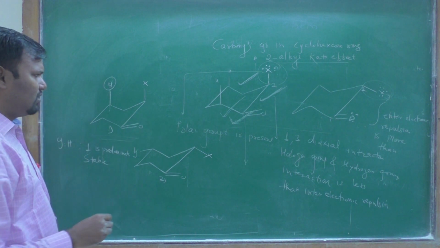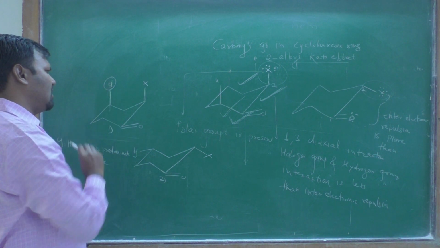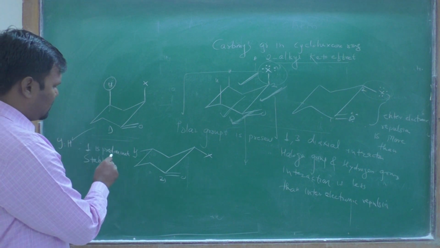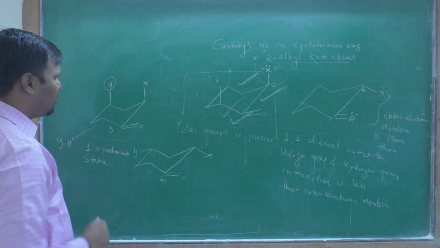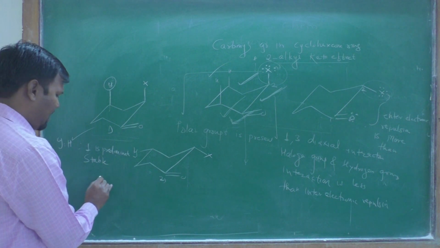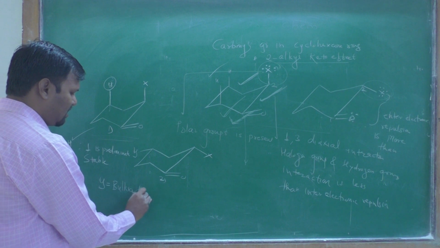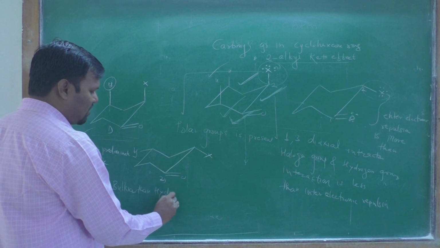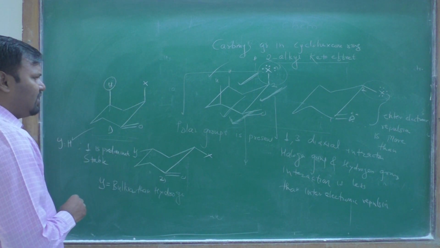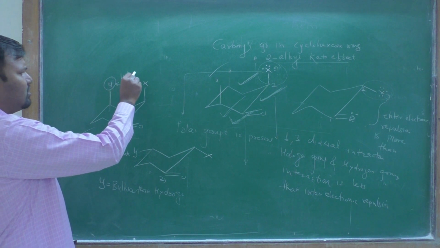If X is the halogen, and at the 1, 2, 3 positions Y is the hydrogen, then you found that compound number 1 is stable. And if Y is bulkier than hydrogen, any bulkier group, then the 1,3 interaction increases.